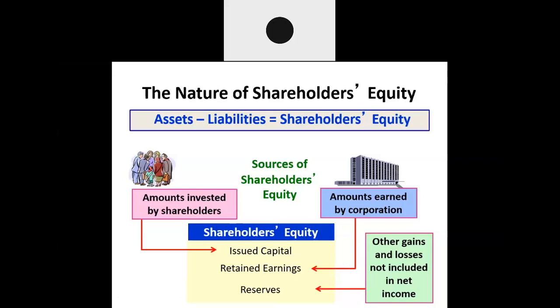Sorry, not investment by non-owners, but the changes in equity that resulted from transactions with non-owners. So that is reserve, or we call it also accumulated other comprehensive income.